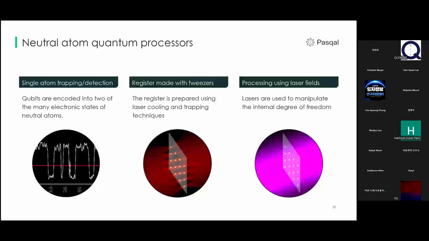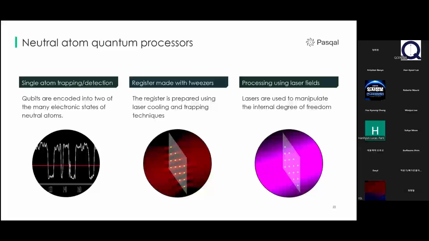More specifically, it uses the energy levels of specific atoms to encode information. So for us, a quantum bit, physically speaking, is a specific atom in a specific electronic state, or a specific excitation state, on a specific energy level.